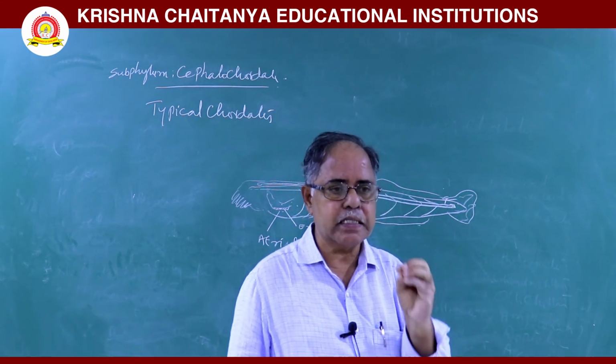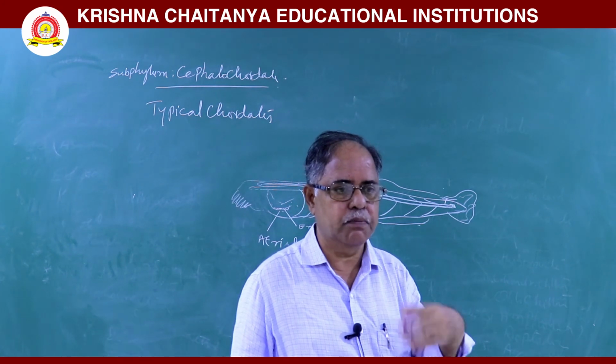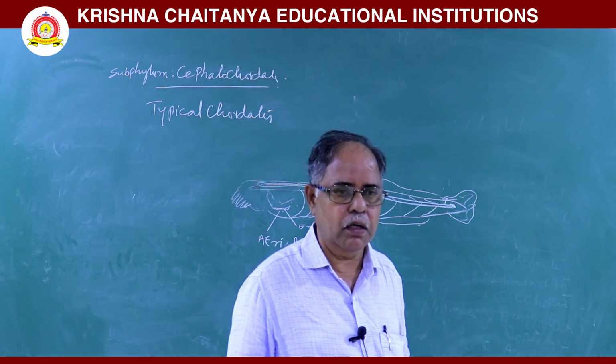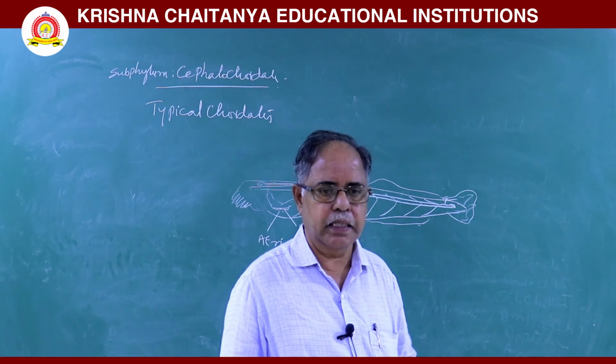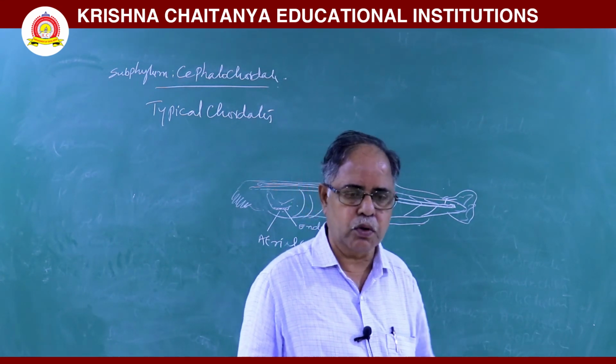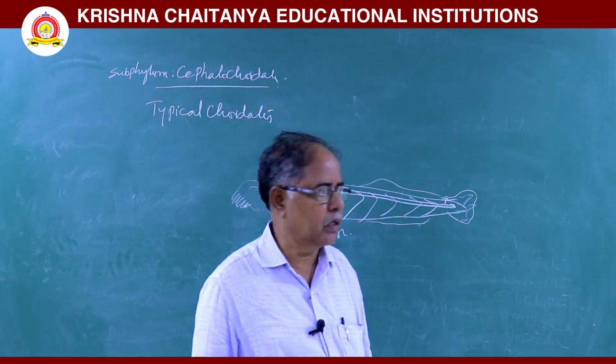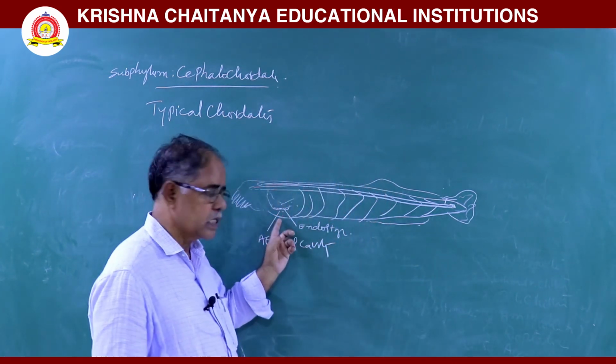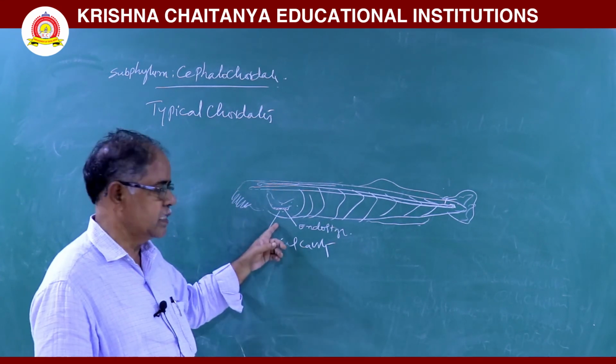Next, here gas exchange occurs by simple diffusion through the body wall. Next, in this animal, in the excretory system, solenocytes or protonephridia are there. In this animal, numerous gonads are present in the pharyngeal region.